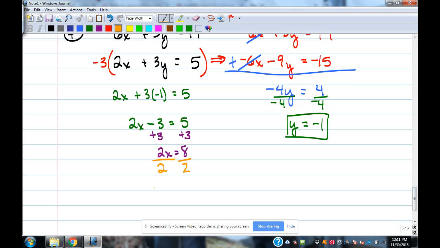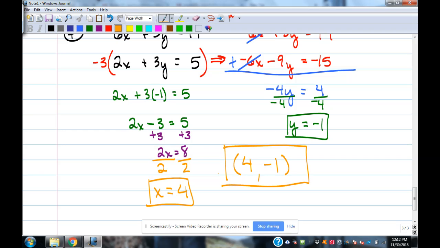Divide by 2. x is 4. Ordered pair: 4, negative 1. Y goes last, remember? X first, Y last. 4, negative 1.